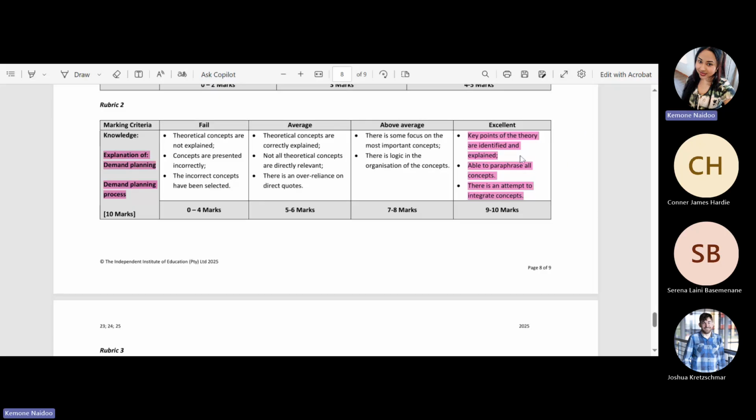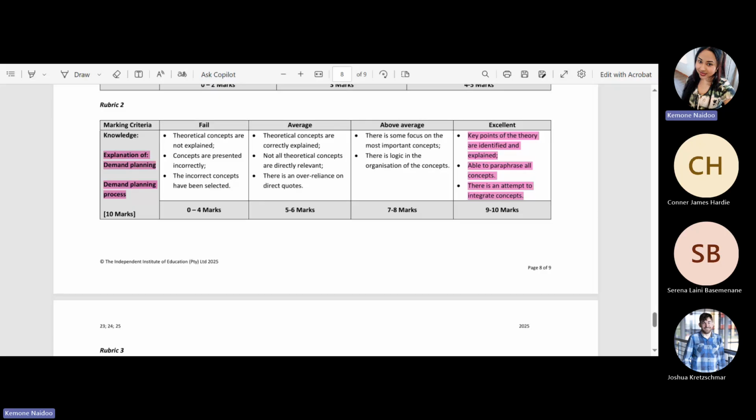Okay, and then if you are able to paraphrase everything that you have included, that is also a part of the mark allocation. Now the thing with definitions is that sometimes students will take a definition word for word from the textbook and then will reference it using the textbook. But you shouldn't do that. So you should take that definition and reword it entirely to your understanding. Okay.